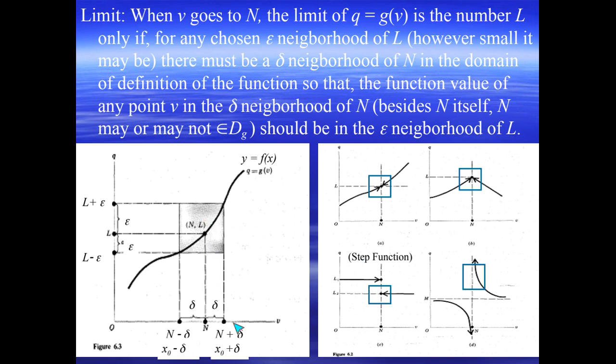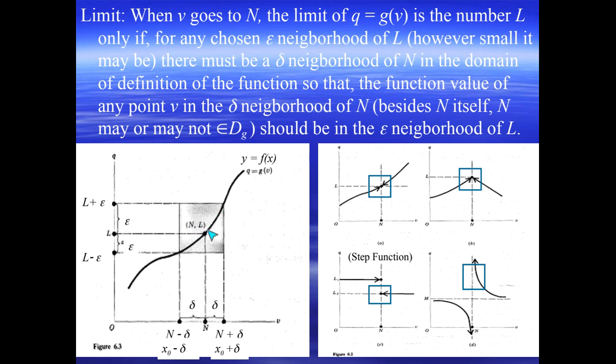Then we say that when we go to N, which is the center of this neighborhood N minus delta and N plus delta, the delta neighborhood of N, the values of the function remain in the epsilon neighborhood of L, the interval L minus epsilon, L plus epsilon here.